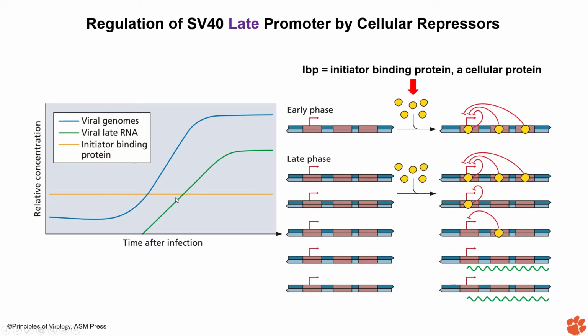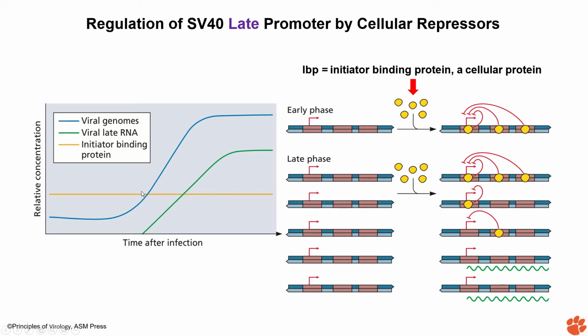The amount of IBP in a cell is constant. That's why you are seeing a single line. So remember this graph very carefully, because we will have some questions from this area. You have a straight line right here, which is the amount of IBPs. On the other hand, initially you have a small amount of viral genome. This is just the genome that came in. There is not much genome in there.